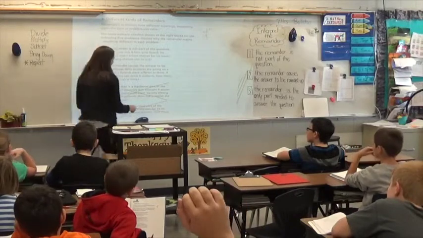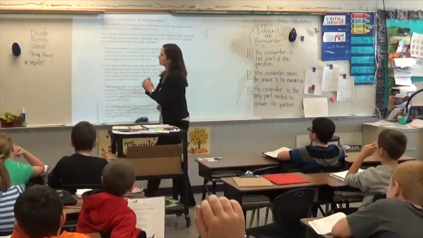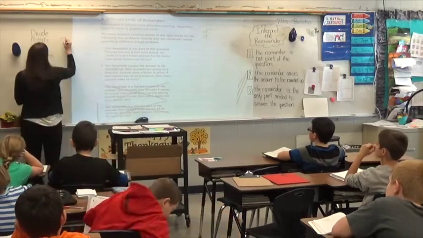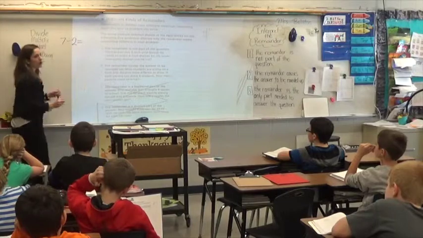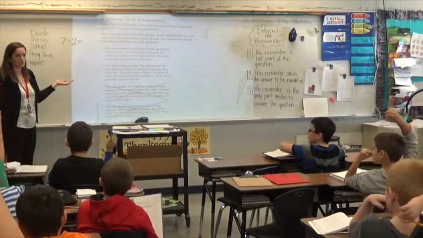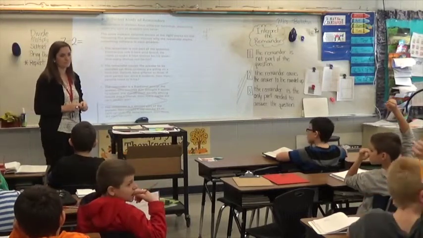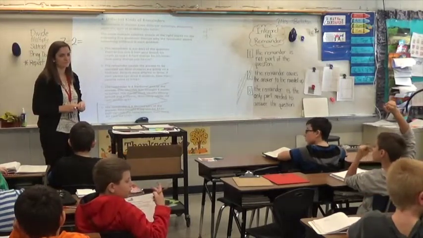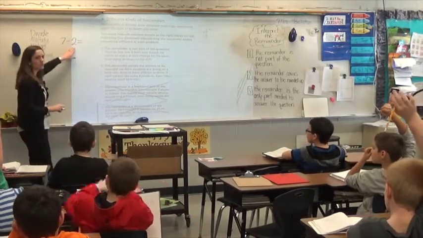What if I give you the number 7 divided by 2? Raise your hand if you can tell me what 7 divided by 2 is. Cohen? 7 divided by 2 is... How many times can 2 go into 7?